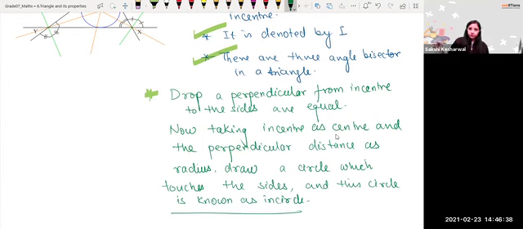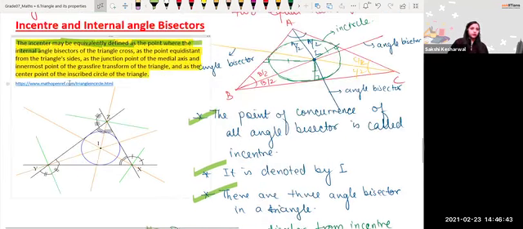This is known as what, beta? The incircle, right? Now I'll show you the video of the incircle also.